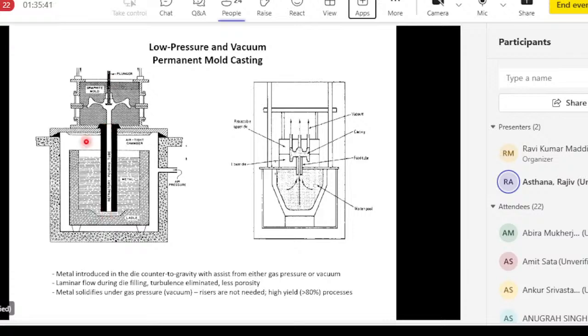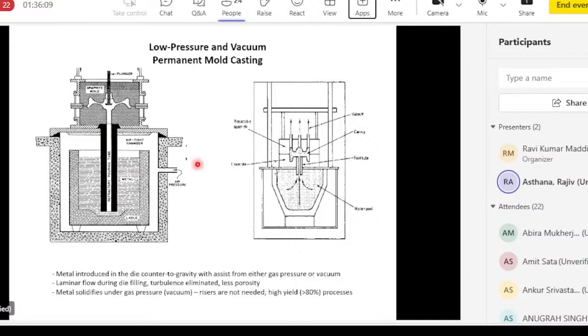So this is a pressure chamber inside which we have a crucible, and the heater is also inside the furnace. So the solid metal is heated. Once it is melted, you lower this feed tube in the molten metal, and the feed tube is connected to the permanent mold. So this is the mold cavity here that is connected with the metal using the ceramic feed tube. So this is the pressure chamber.